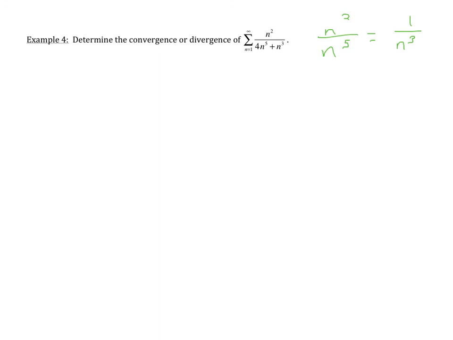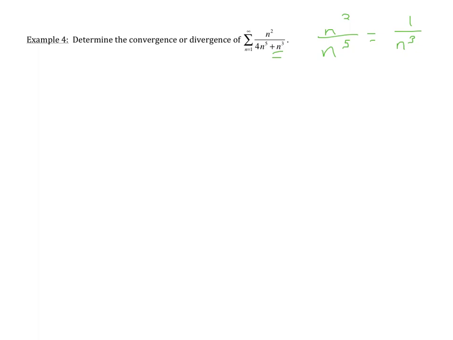What I do know is that this extra n cubed out here is going to skew this, as well as the 4, so that this denominator is going to be bigger than just n cubed. The n squared, you want to think about it and make it have a lot of weight, but it's going to simplify and behave as if it's 1 over n cubed. So just plug in numbers if you're not comfortable doing this without it.